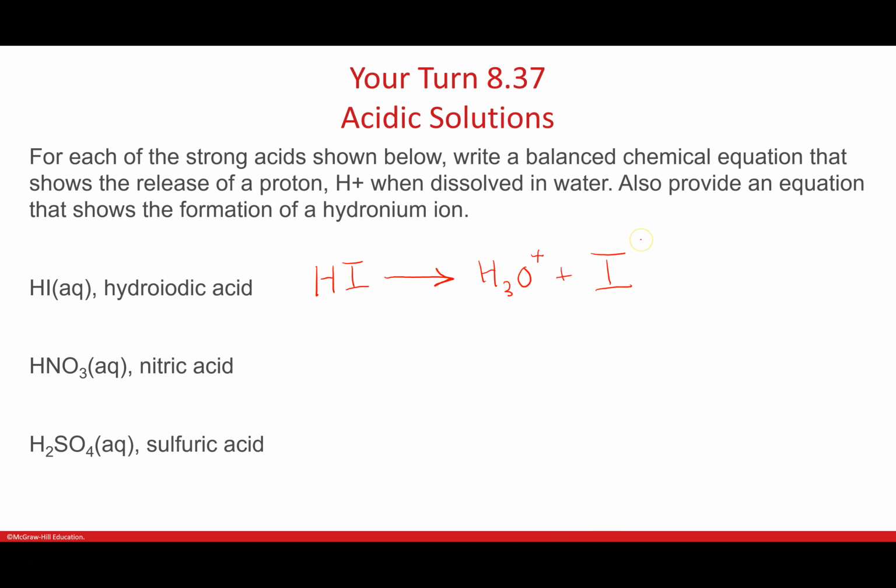And its I is going to be what, a -1. Does that seem right? Yep. Because this is an ionic compound, and you have an H plus and an I -1. And also, your I is a 7A element, and you know that it forms a -1 charge.